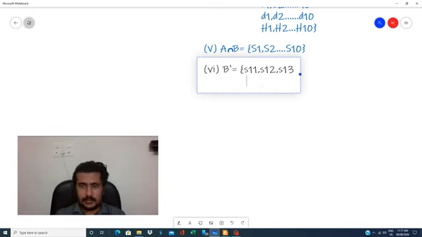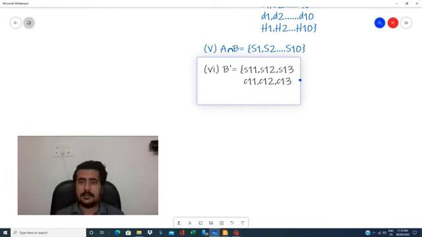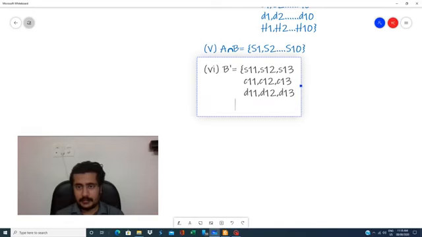Then we will write from each and every suit: C11, C12, C13, D11, D12, D13, H11, H12, H13.